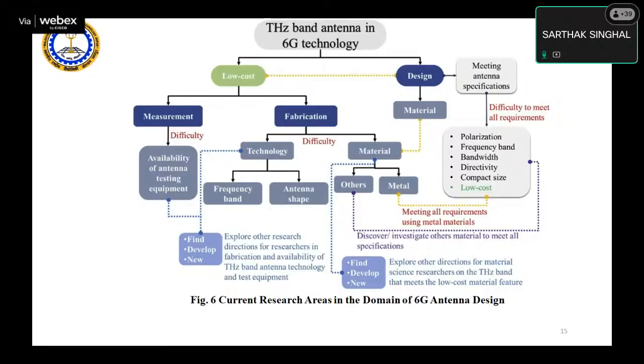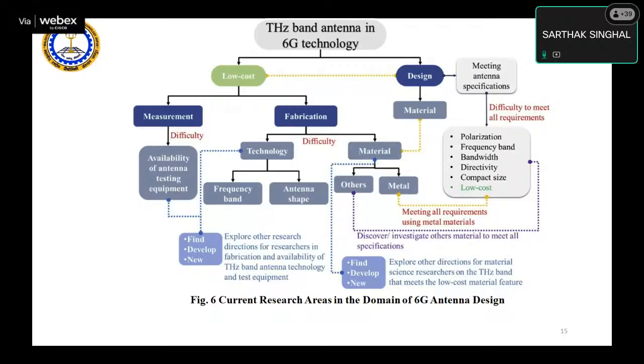And if we talk about the fabrication methodology, it is also quite difficult because most of the materials which exist in nature or which have been developed yet degrade in performance with increasing frequencies.